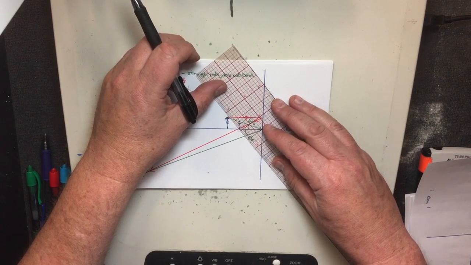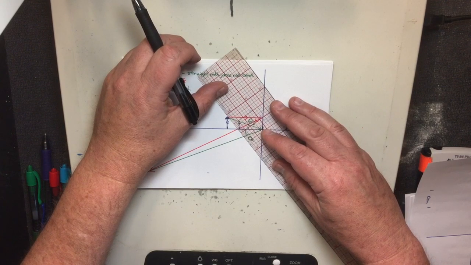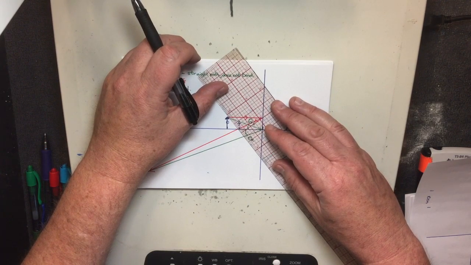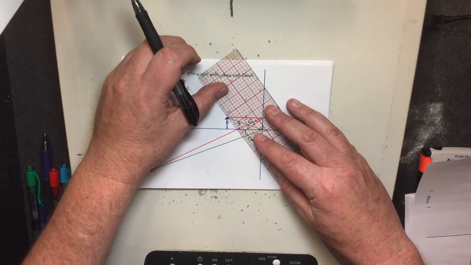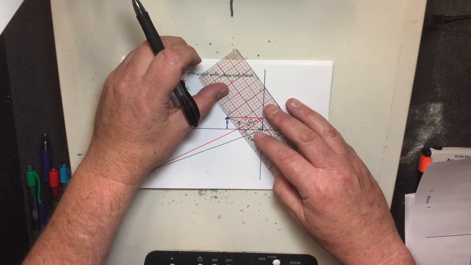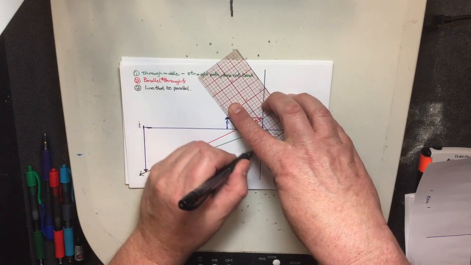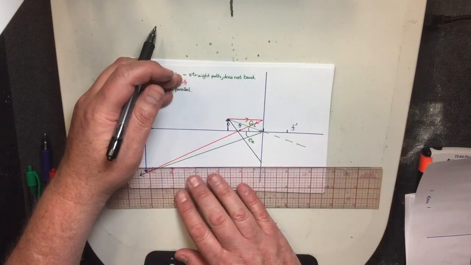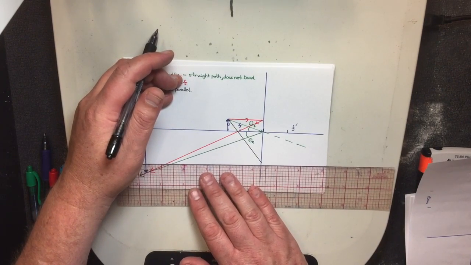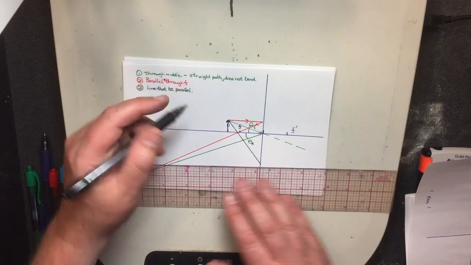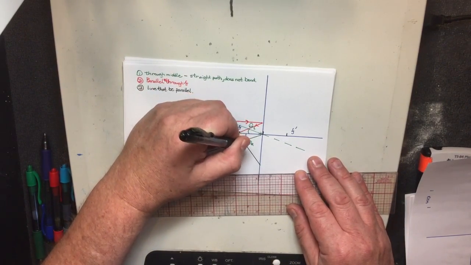And this is where my drawing, I didn't draw them right. Crud. The third ray goes like that. Now ideally it should have gone down like that, but in order to do it right, I'll look it up.